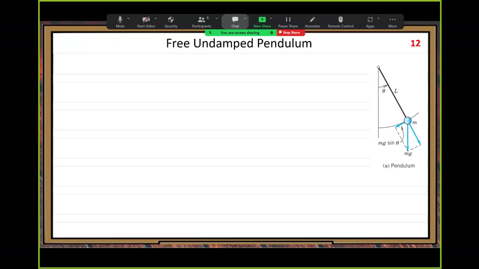Here is the weight mg, in that direction. But the ball moves along an arc, so there is a tangent line, and the ball always moves along the tangent line of the arc.